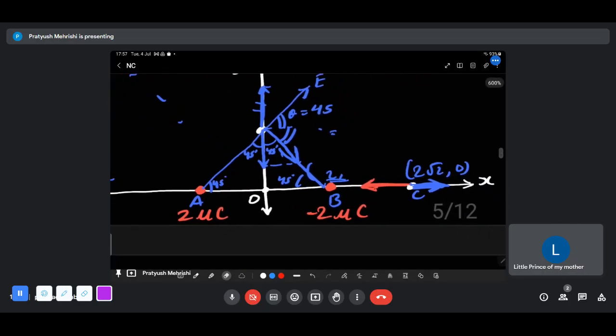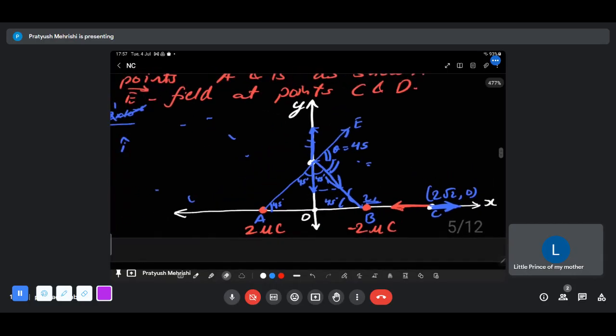See now, 3 points are given to us. This is point D. Point A and point B. Two charges are kept, plus 2 microcoulomb and minus 2 microcoulomb. Now, because of these 2 point charges, what is the electric field at point C and at point D? This you need to calculate.